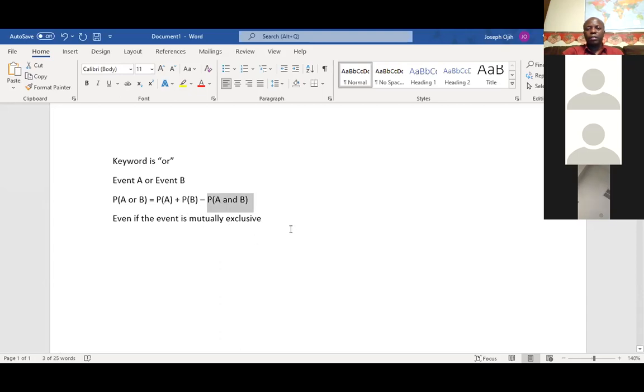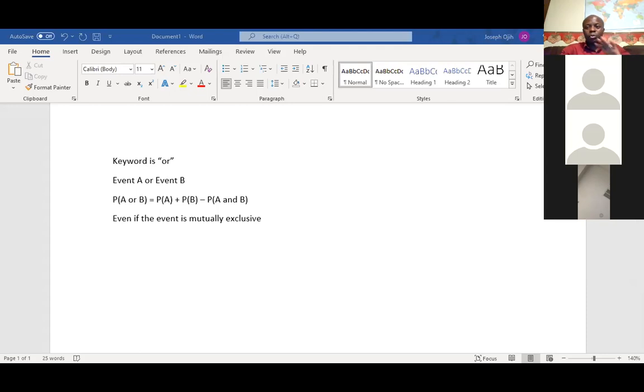I don't understand what mutually exclusive is. Could you explain that for me, please? Mutually exclusive, like I explained last week, two events are mutually exclusive if they cannot occur at the same time. Right, right. I got you. But then if that is the case, this part will turn to 0. A good example is you cannot be a Democrat and a Republican at the same time. You either be a Democrat or a Republican. That is a good example of a mutually exclusive event.